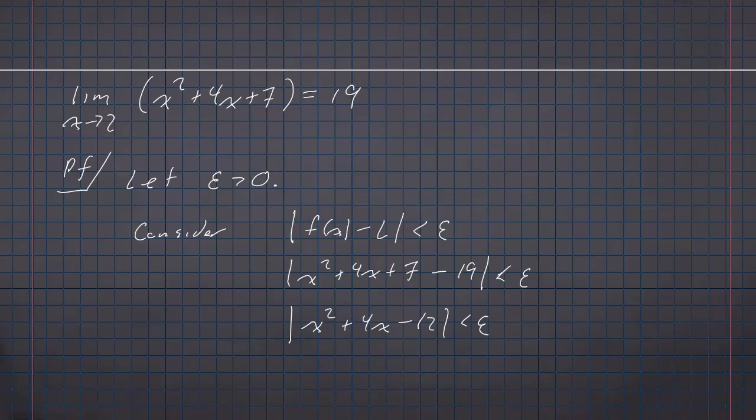And that does factor. It's a little bit more cumbersome to factor than the linear one, but this is a quadratic that factors. We need two numbers that multiply to negative 12 and add to positive 4, like positive 6 and negative 2.